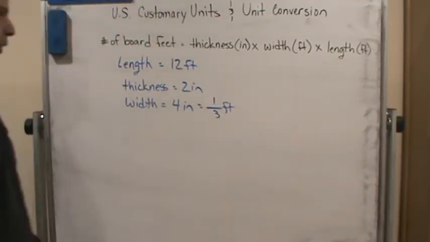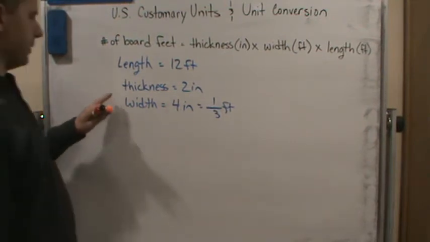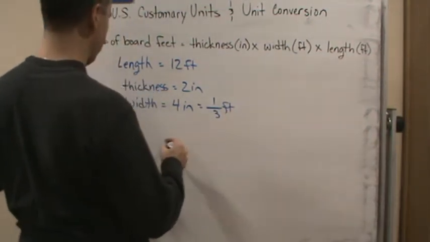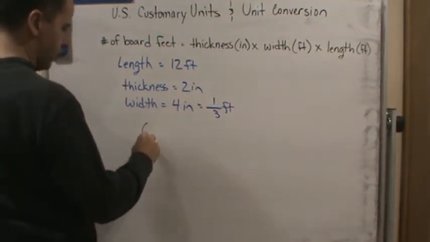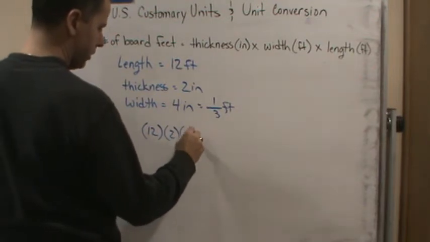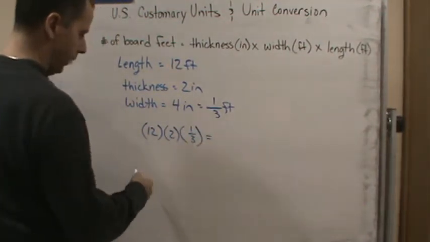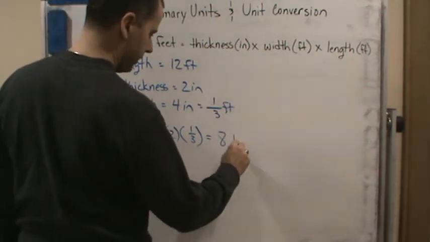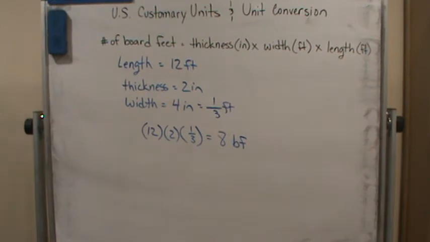We could just say 1/3 of a foot. And now we're going to multiply this together. To find the number of board feet, we just multiply the numbers. So it's 12 times 2 times 1/3, which is just going to equal 8. And this would be 8 board feet.